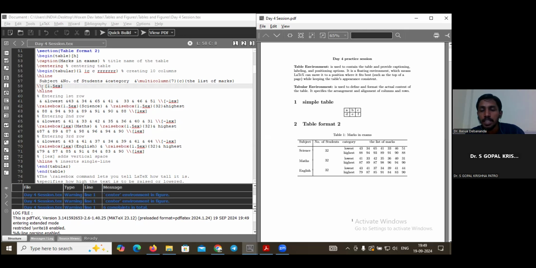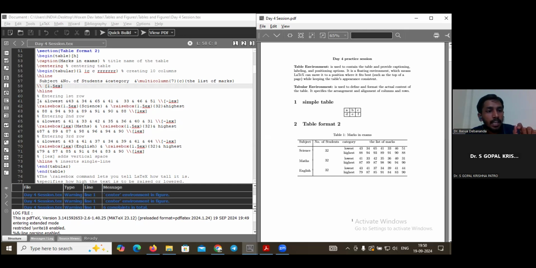Now moving to the second row. For the next line or next row, you have to type double backslash, again \hline. \hline will give this horizontal line. Now I have to write this one. Carefully observe.